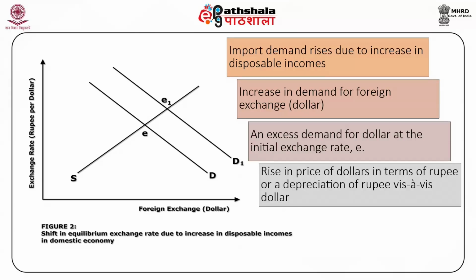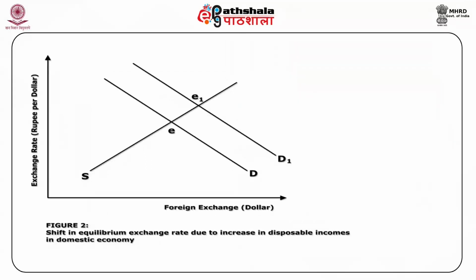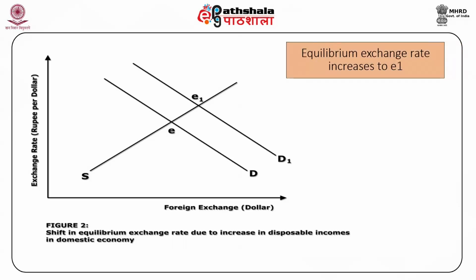This leads to a rise in price of dollars in terms of rupee or a depreciation of rupee vis-a-vis dollar. The foreign exchange market clears as the new equilibrium exchange rate E1 is reached, where once again demand is equal to supply. You may note that at E1 the rupee has depreciated as a result of the increase in import demand due to increase in disposable income of Indians. Consequent to the shift, the equilibrium exchange rate increases to E1 from its initial level E.